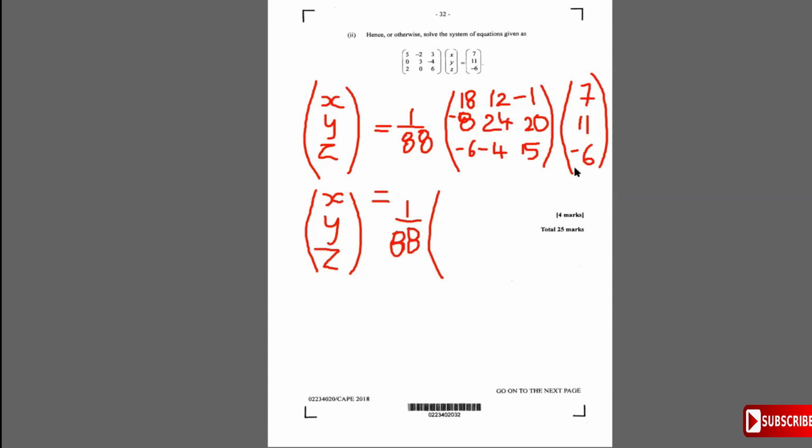18 times 7 plus 12 times 11 plus minus 1 times minus 6. I get 264. Then minus 8 times 7 plus 24 times 11 plus 20 times minus 6. I get 88 here.